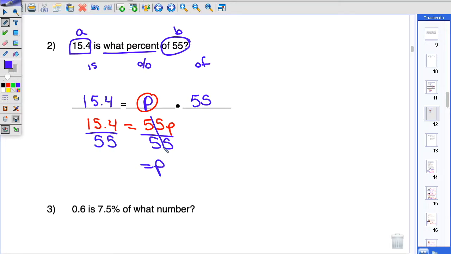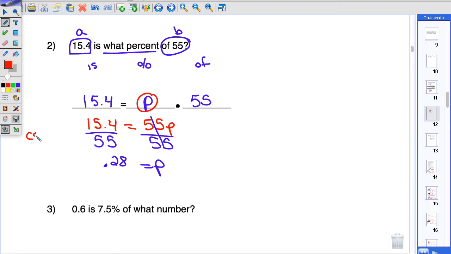Our 55 divided by 55 is 1, so we're left with 1P. Using your calculator, you put the 15.4 in first, divide by 55, and you get 0.28. Since we're using the percent equation, and your percent is put into the equation as a decimal, when we did our division, we ended up getting 28 hundredths.